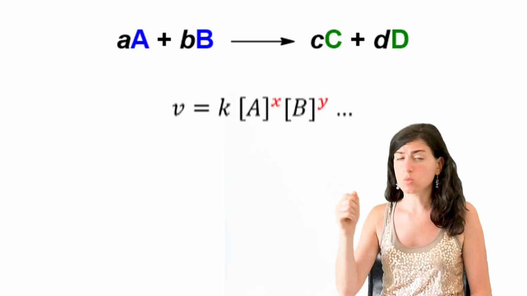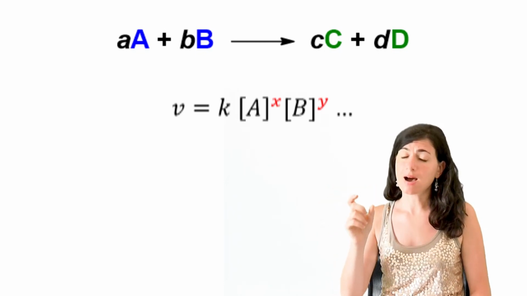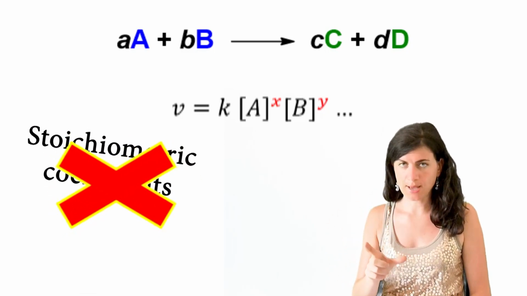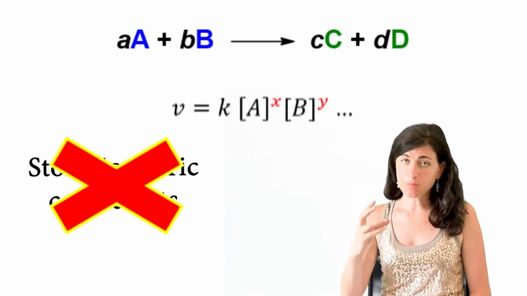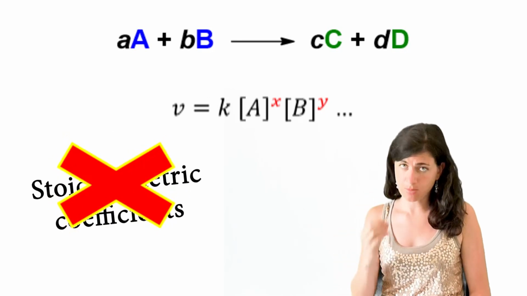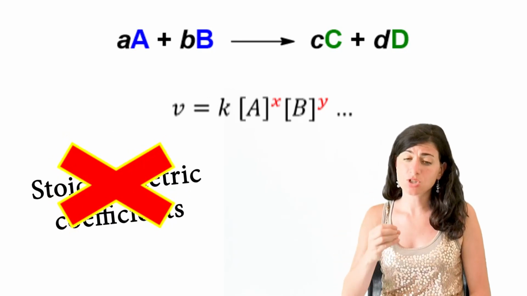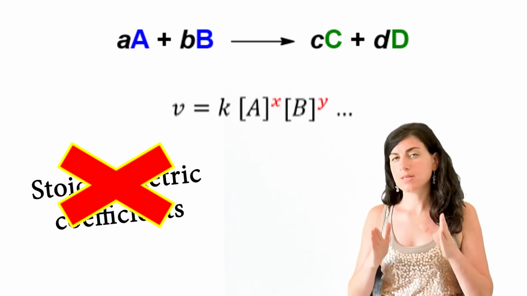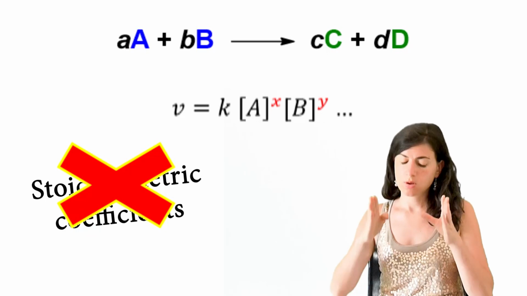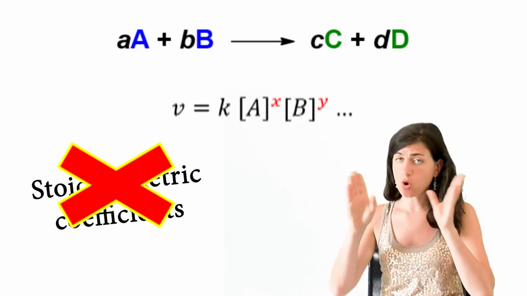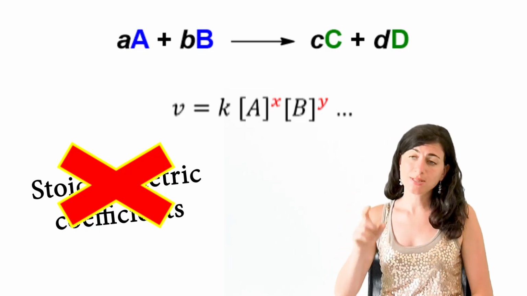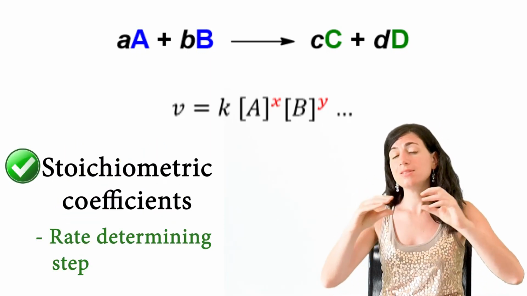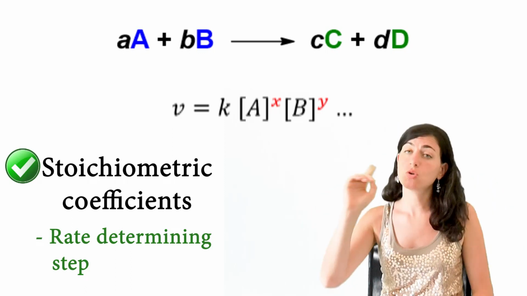What are x and y? These are numbers that are not the stoichiometric coefficients of the reaction, okay? They are not. They are numbers that have to be found experimentally, and they can be integer numbers or even rational numbers. So remember, they do not correspond to the stoichiometric coefficients of the overall reaction, but rather to the stoichiometric coefficients of only the rate determining step of the overall reaction.